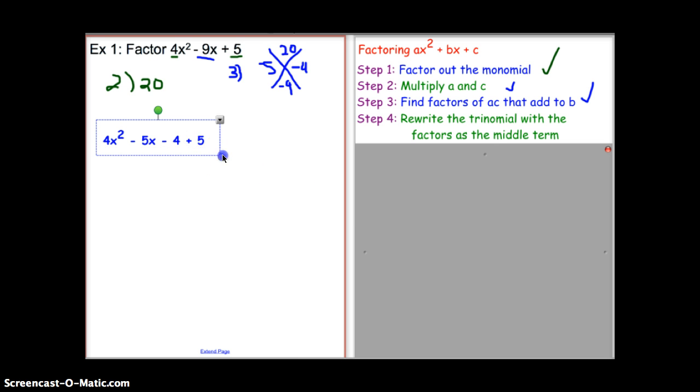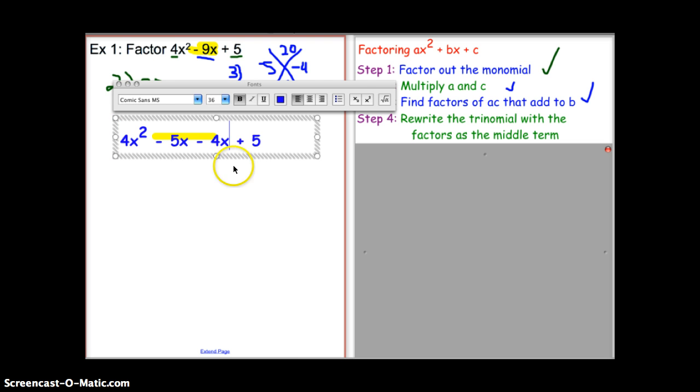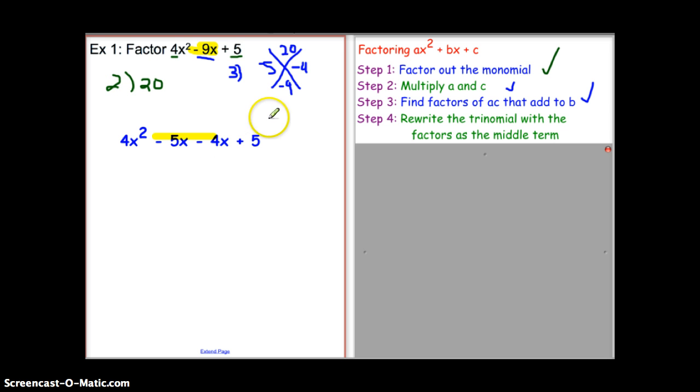So all I did in this case was to take that middle term, which is a negative 9x, and split it into negative 5x and a negative 4x. It still would simplify to the exact same trinomial. So step 4 is done. Look at that, hardly any work shown, and step 4 is already done.